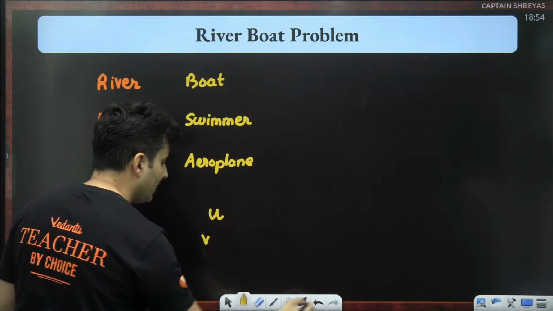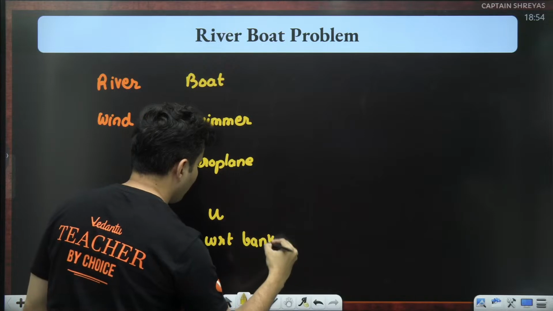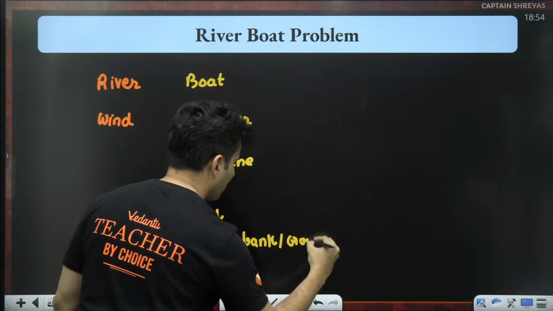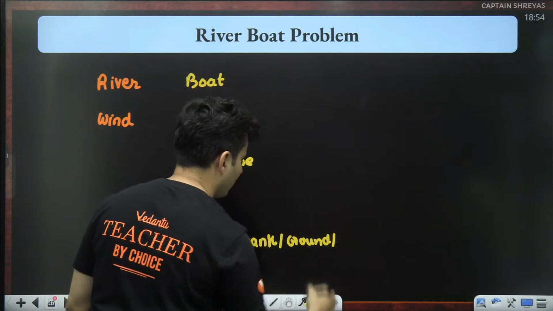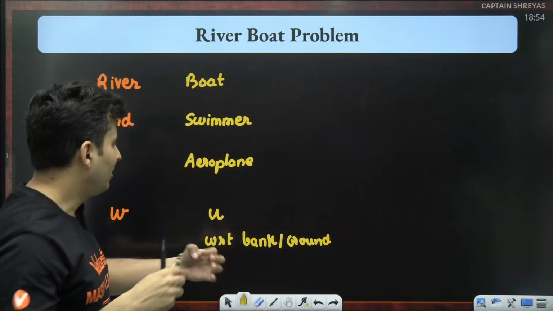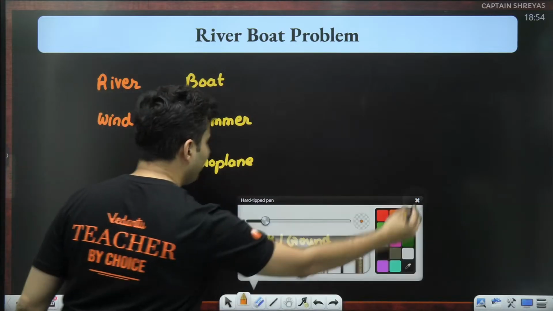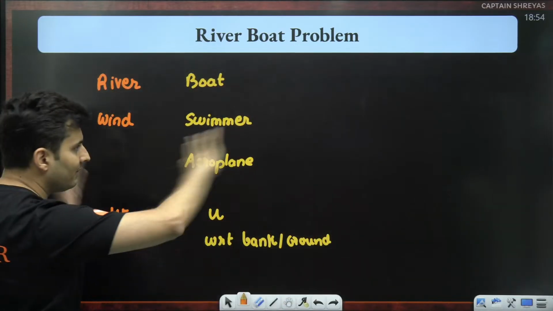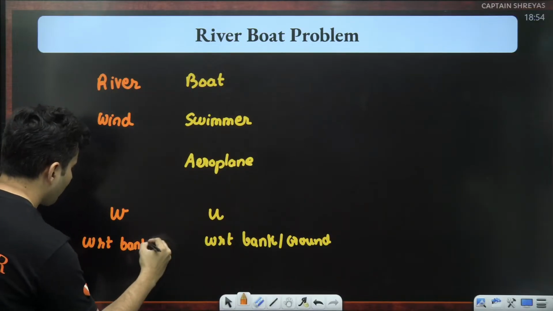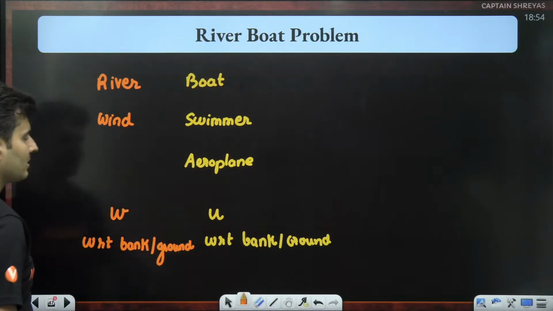This is the velocity with respect to the bank, or basically the ground, or basically the fixed things. The bank, the airport, the port, the ground, basically the ground frame. The velocity of the wind or the velocity of the river flow is also with respect to the bank, or basically the ground frame of reference.